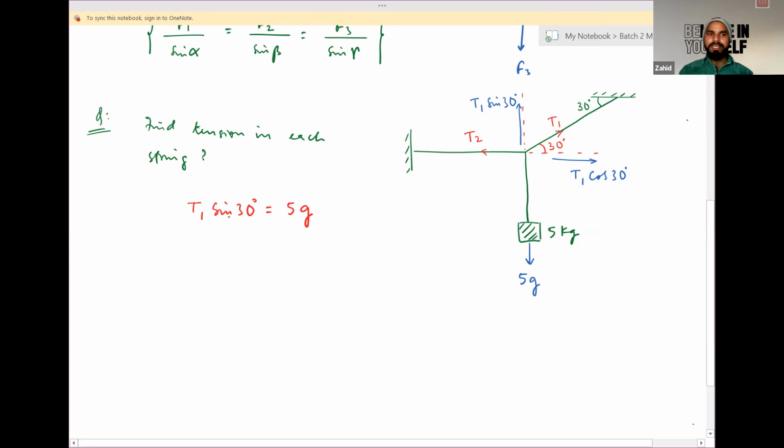Sine 30 is 1 by 2. Simplify it, you will get T1. Similarly, for the horizontal, T2 equals T1 times cos 30 degree. From this first equation, try to find the value of T1. Put it in this part, you will get the value of T2. Try to solve.